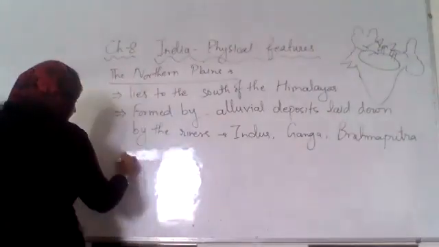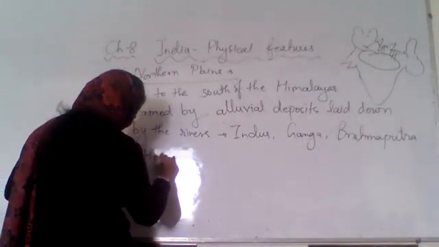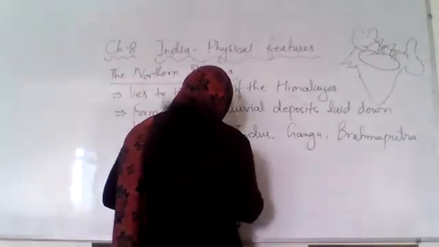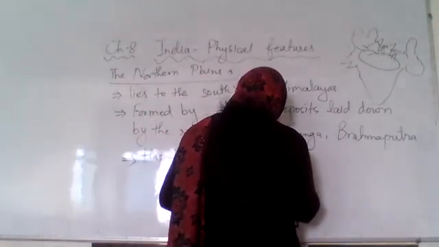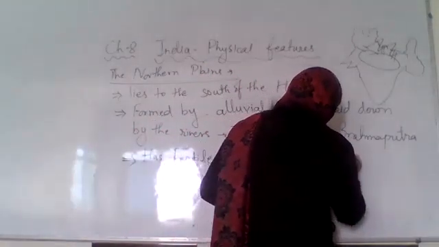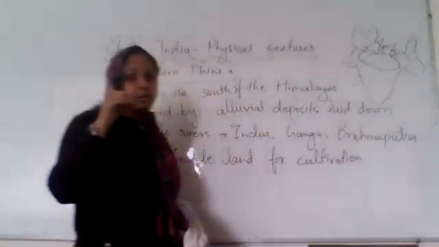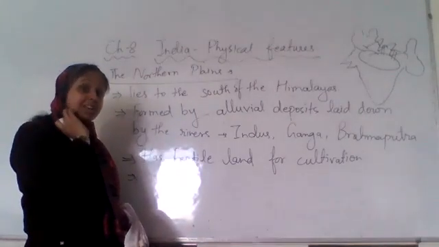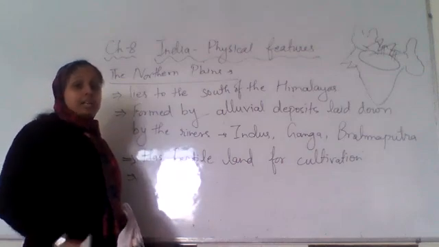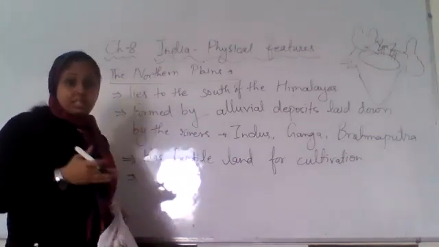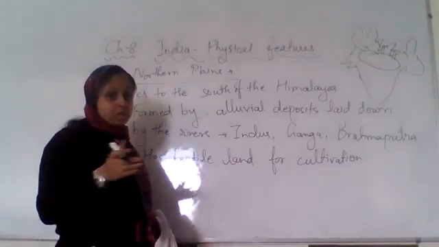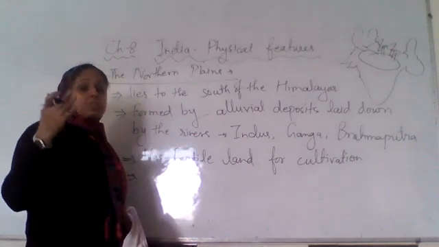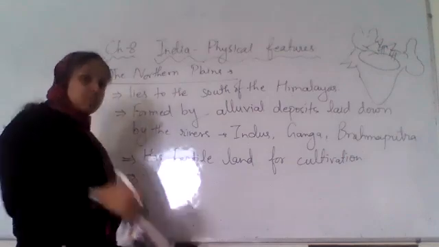So in this case, you see it has fertile land for cultivation. We have already discussed in different land forms, when we discussed the chapter land forms, major land forms, that time only we discussed that the plains are made from the alluvial deposit which is being brought by the rivers, and thus they are very much fertile, and thus it has dense population.